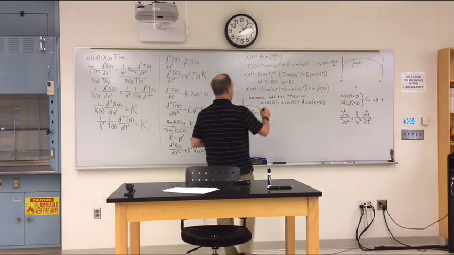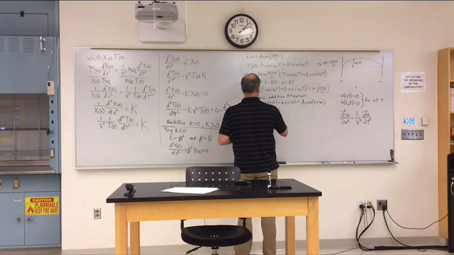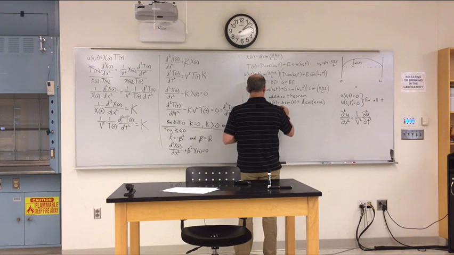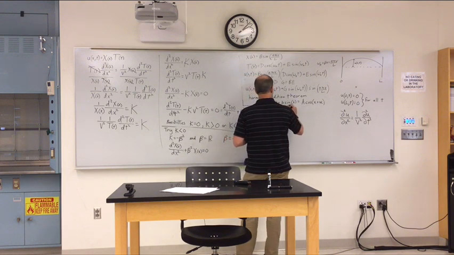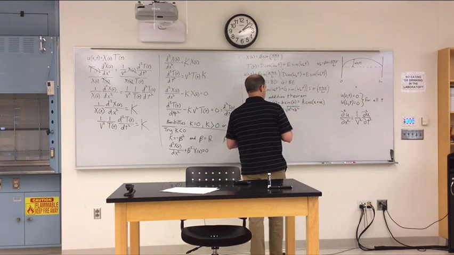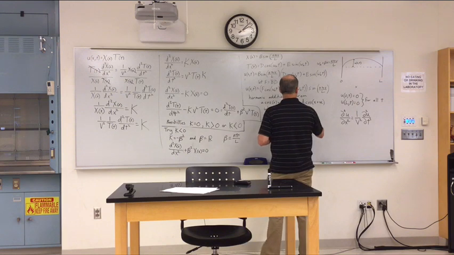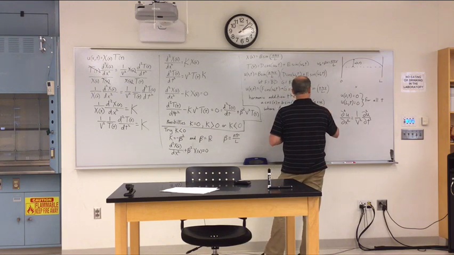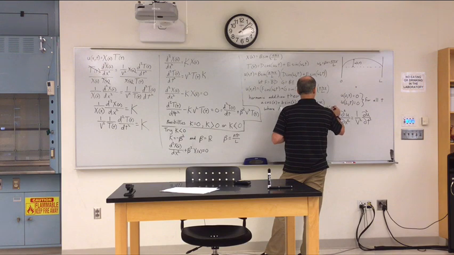And that's where A is equal to the square root of a squared plus b squared, and alpha is equal to the inverse tangent of minus b over a.